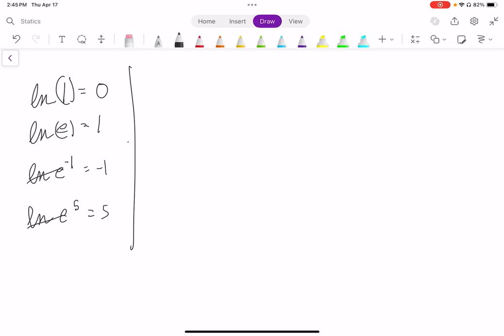With these properties in mind, consider the expression natural log of e to the 1/7 minus the natural log of 5. Using our properties, we know that we can rewrite the first natural log as simply 1/7, since these cancel out, minus the natural log of 5.